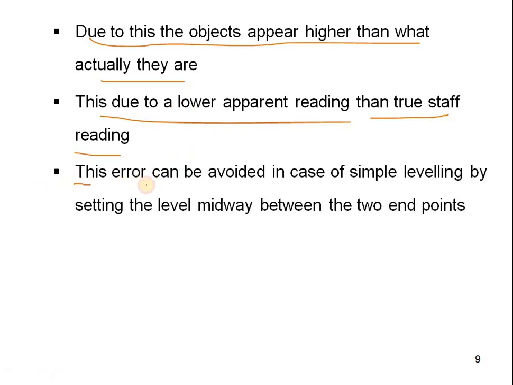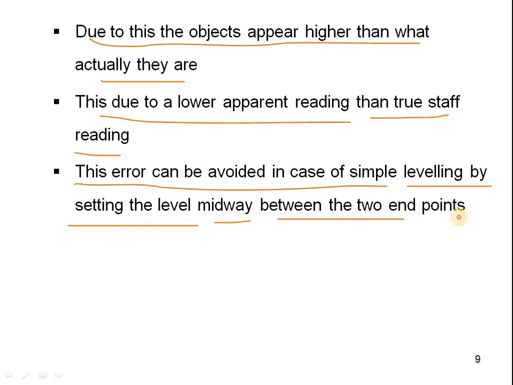These errors can be avoided in the case of simple leveling by setting the level midway between the two endpoints. So we can identify and clarify the error, avoiding it in simple leveling by setting the level midway between the two endpoints.